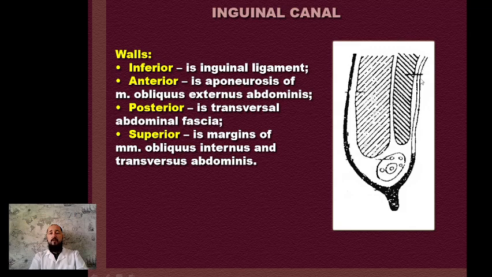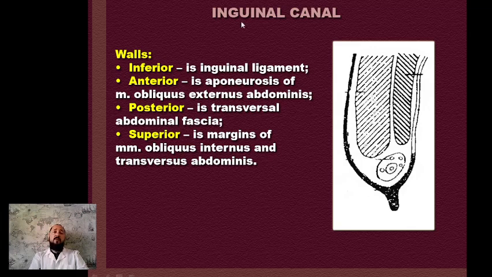And from the inside, all of this is covered with a transversal fascia. So there is an interspace between these muscles and the inguinal ligament. Inside of this interspace, male has a spermatic cord and female has a round ligament of uterus.